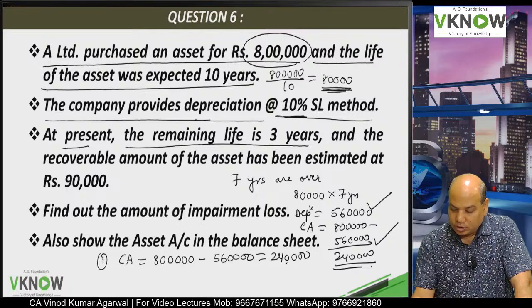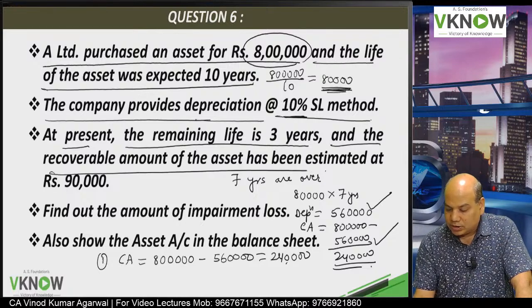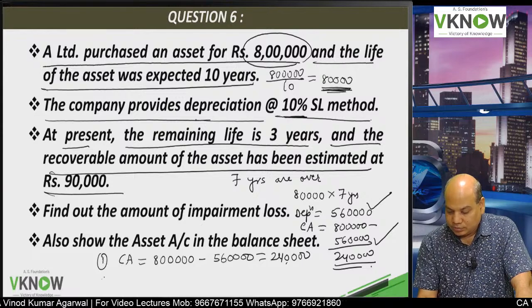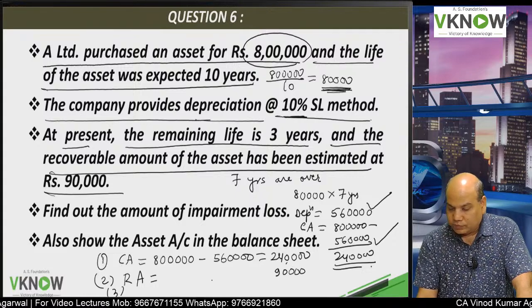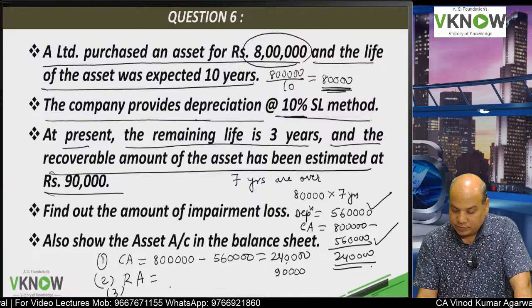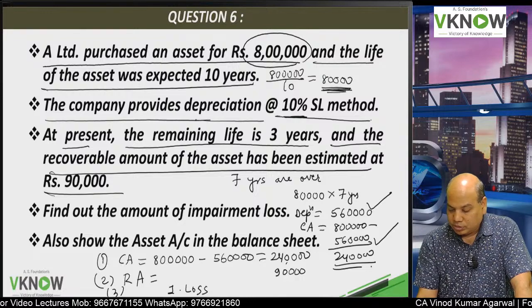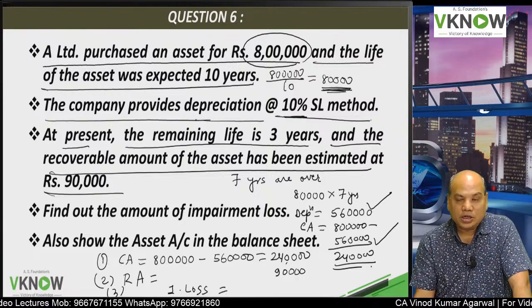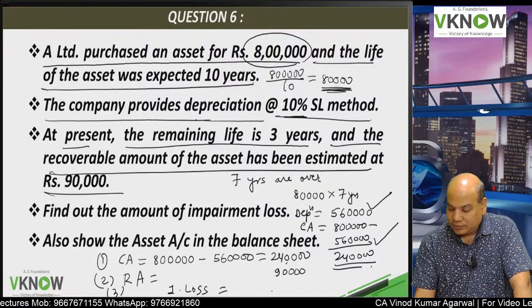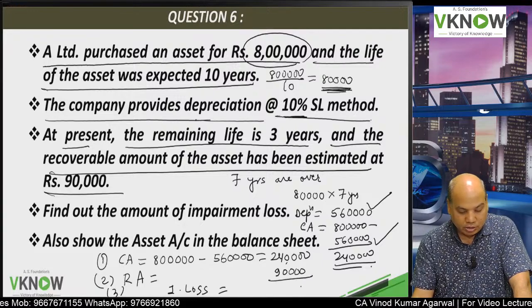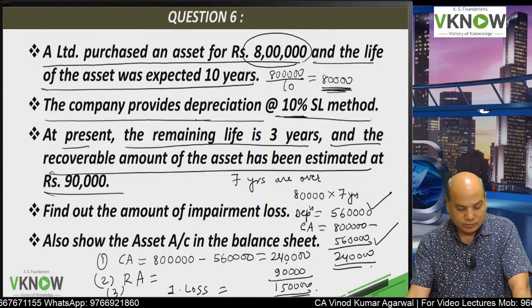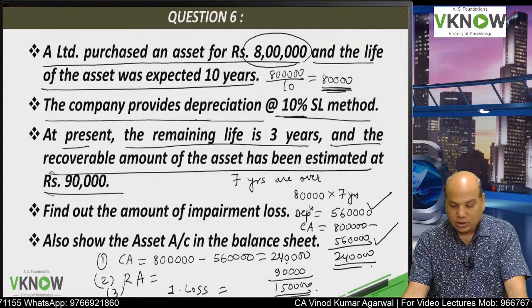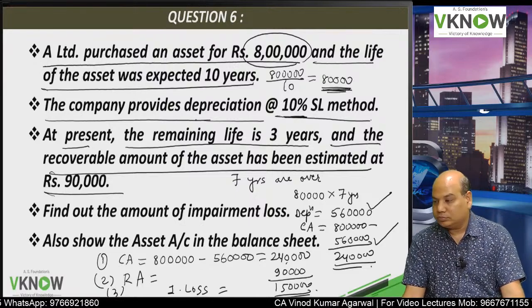Second thing, the recoverable amount of the asset is estimated at 90,000. So first we'll check whether the asset is impaired. Yes, because carrying amount is more than recoverable amount, asset is impaired, and the impairment loss would be 1,50,000.